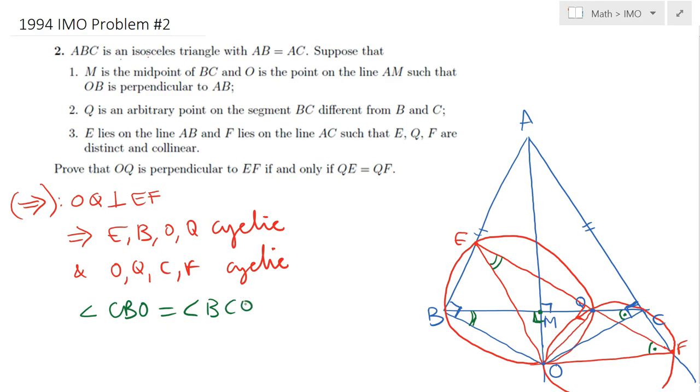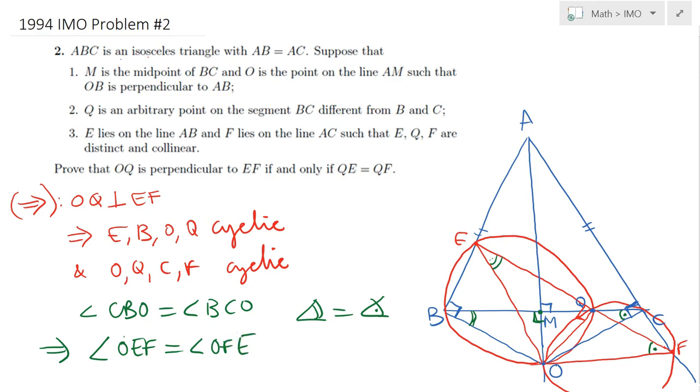So those two angles are equal, so this type of angle is actually equal to that type of angle. This implies that angle OEF is in fact also equal to angle EFO, or OFE.